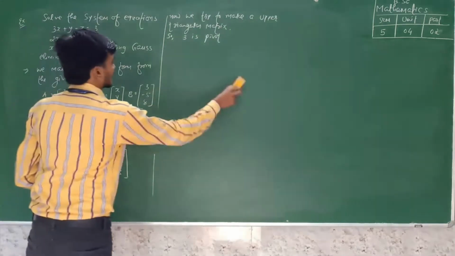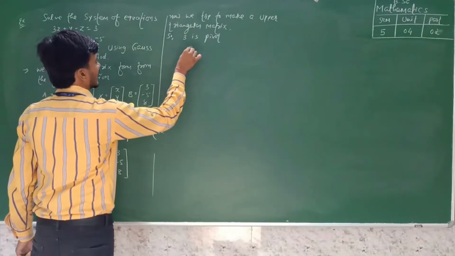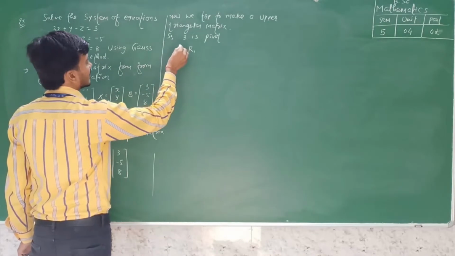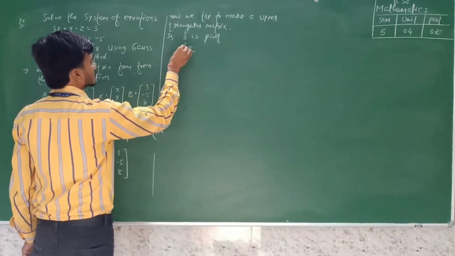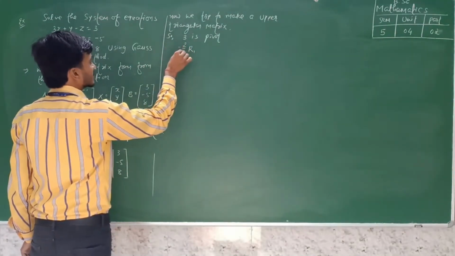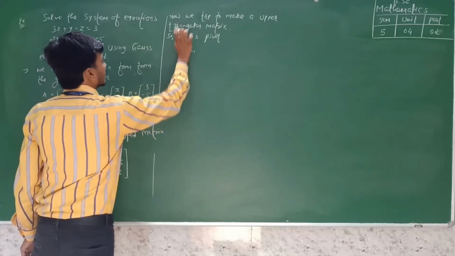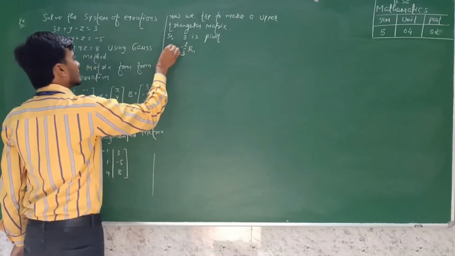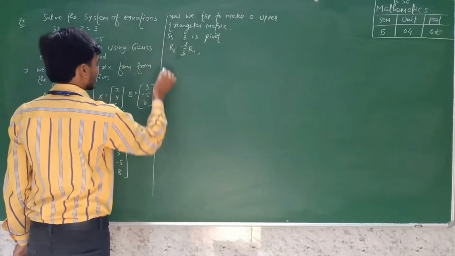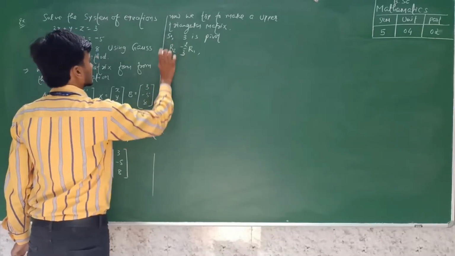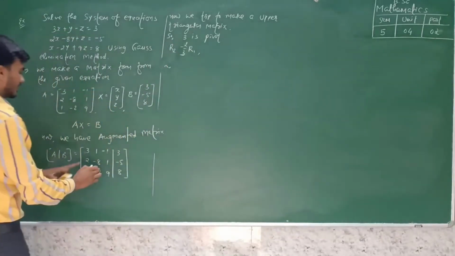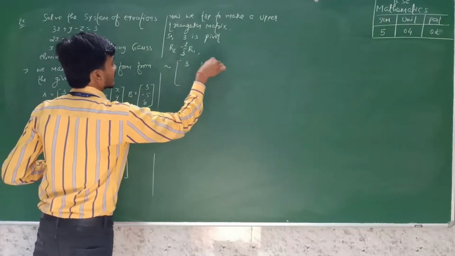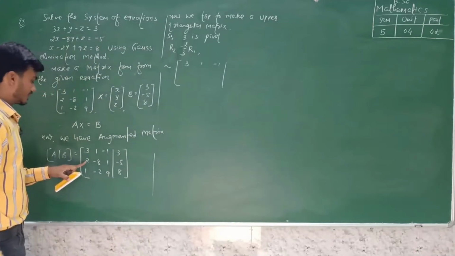So we can write this operation as R2 becomes R2 plus minus 2 by 3 times R1. That means each and every element of the first row is multiplied by minus 2 by 3 and added into the second row R2. So this matrix can be written like this: no changes in the first row, changes in the second row.